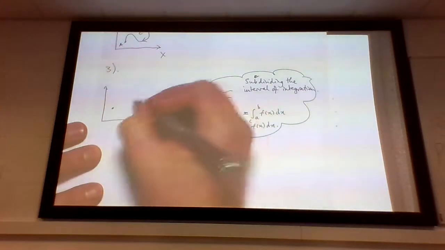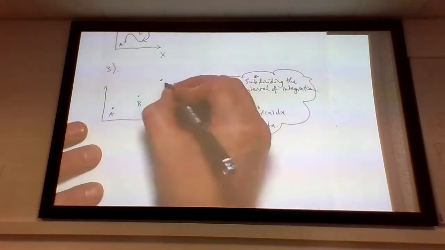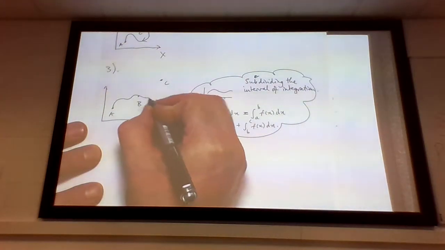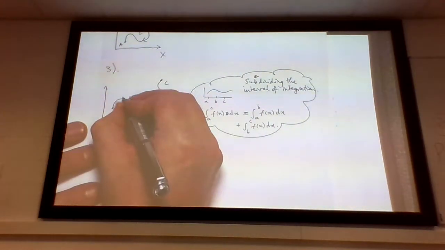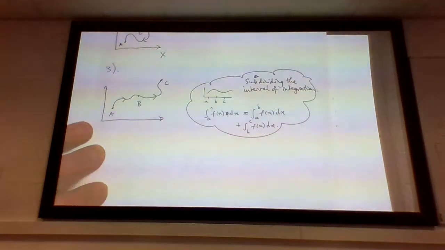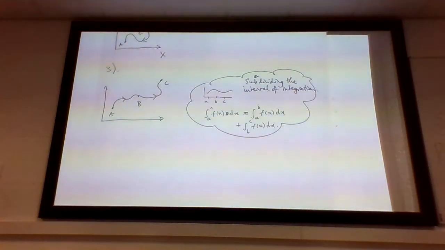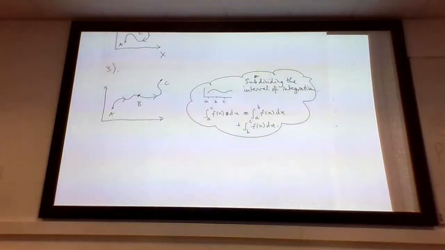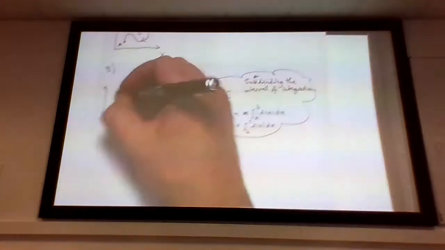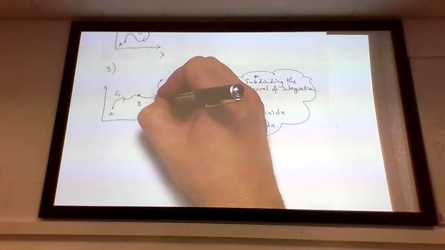Okay, except this time we've got to imagine 3 points, A, B, and C in the plane, and we've got some curve that's going between them. But if you've got an intermediate point along the curve, then you can naturally split the whole curve up into C1 and C2.